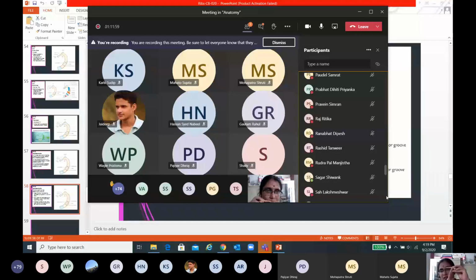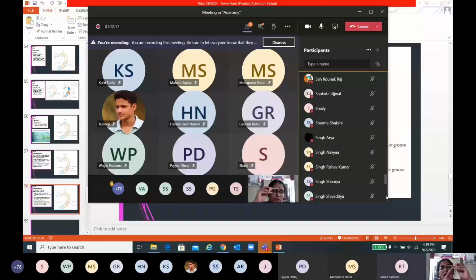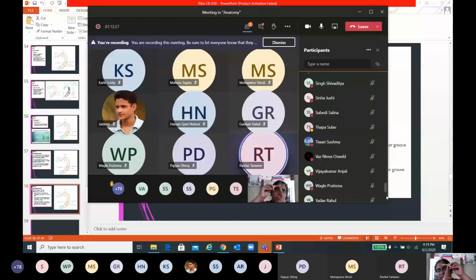Which border of the first rib is this? This one. It is concave. It is directed inward. Which border is this, Rashid?